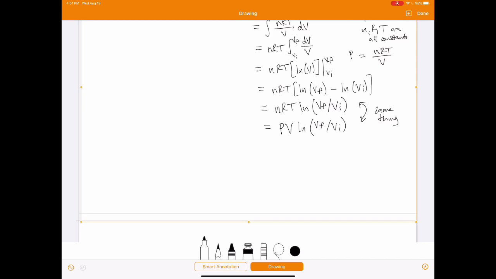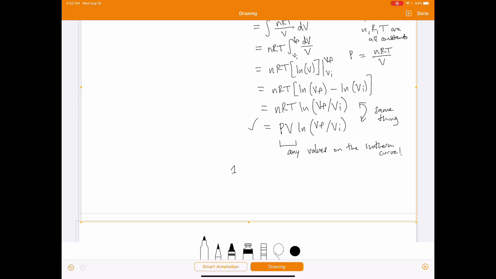And you might be wondering, what values of P and V am I going to actually plug into that? Any values on the isotherm curve are going to work, because P times V is constant along that isotherm curve. So whatever you plug in for P times V, you're going to get the same answer. So that's the expression for the work.